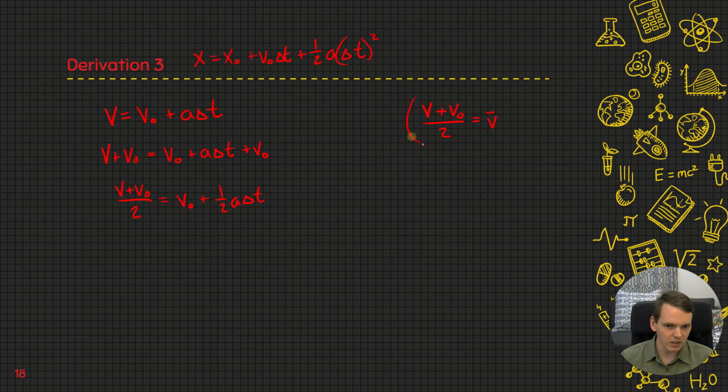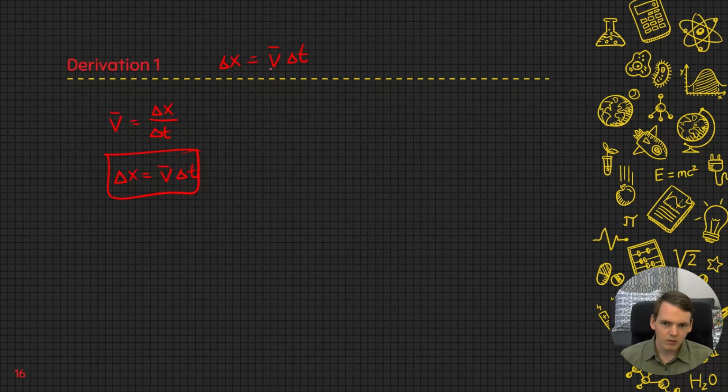And this is something that if you want me to walk through it with you individually, or if we want to walk through it as a class in person, I'll explain why this is true. But just know this is true for constant a. So that means I can replace this left-hand side with v bar equals v naught plus 1/2 a delta t.